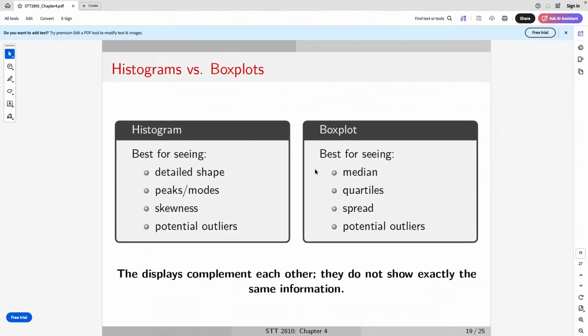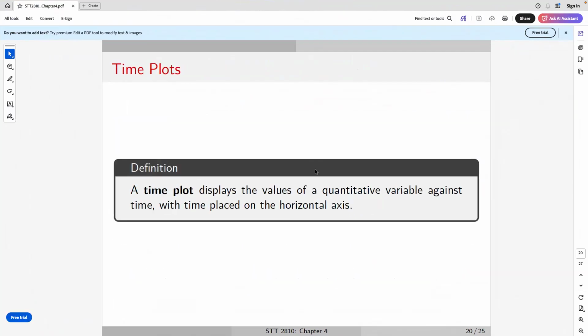So with a box plot, you can see the median, the spread, and if there are potential outliers. And the other thing we also want to talk about is time plots. So for example, if we have temperature data or rainfall data, those usually come with time. For example, the rainfall in January, February, March, so it's time.